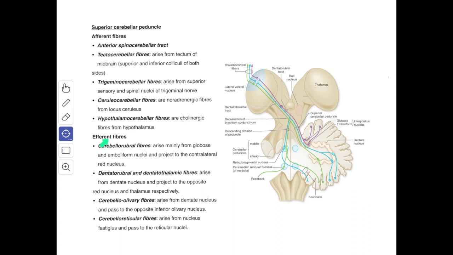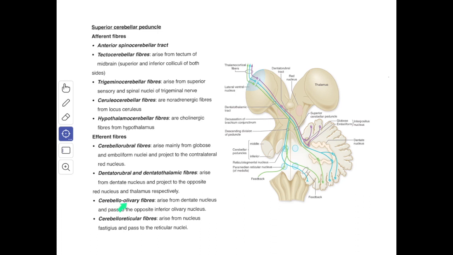The efferent fibers which are present in the superior cerebellar peduncle include the cerebello-rubral fibers. They mainly arise from the globose and the emboliform nucleus, and they project to the contralateral red nucleus. Then you have the dentatorubral and the dentatothalamic fibers which arise from the dentate nucleus and project to the opposite side red nucleus and the thalamus.